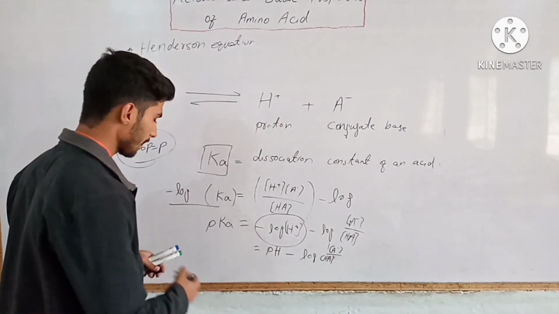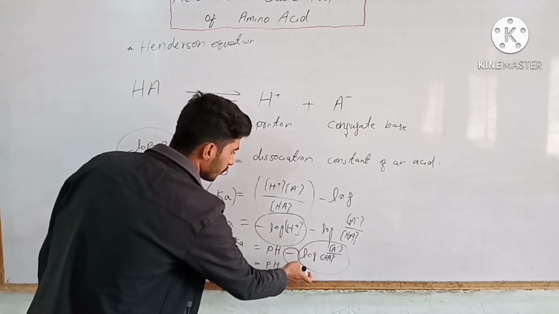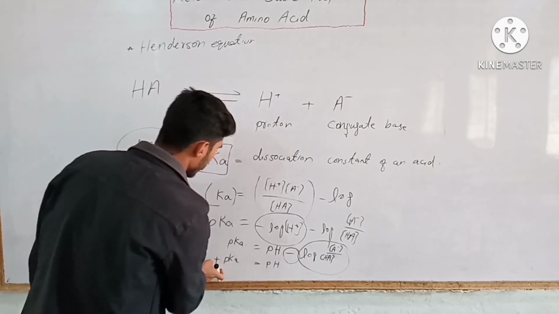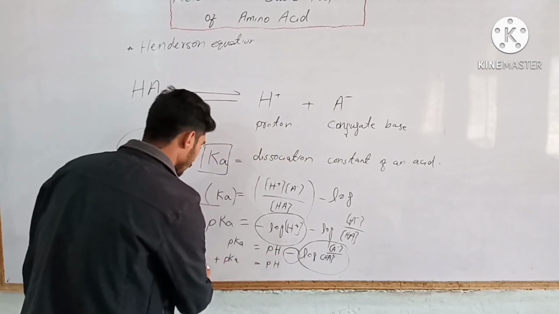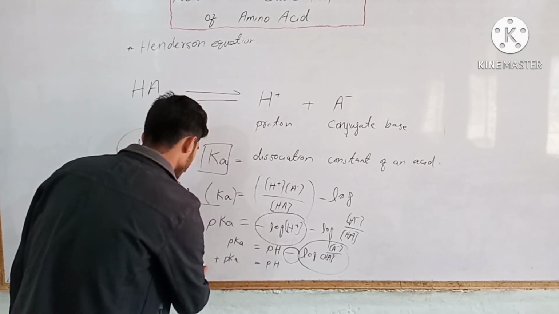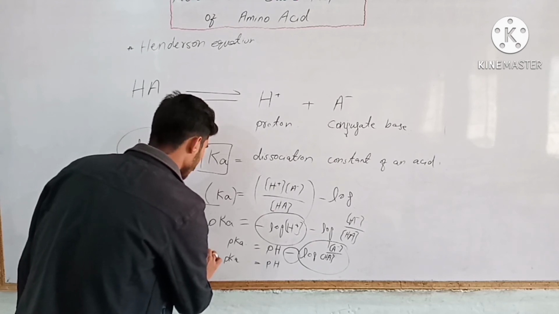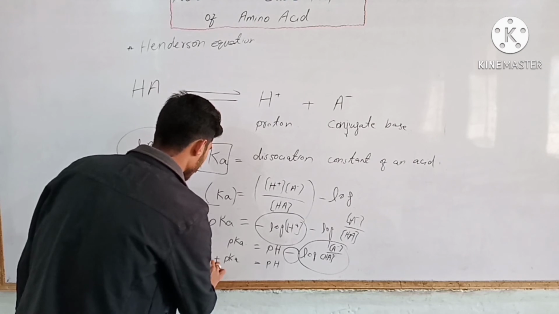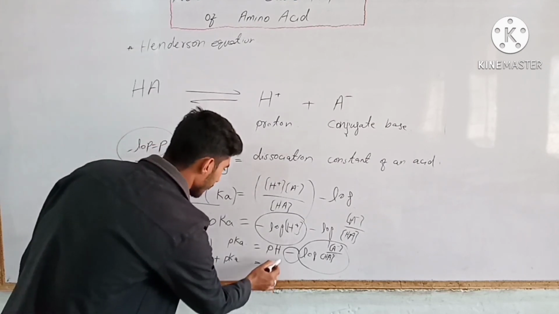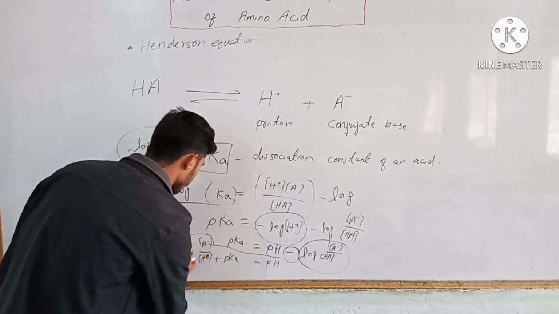If we move this to the right side, then this negative sign will change into a positive sign: log A negative over HA. Now this is the Henderson equation.